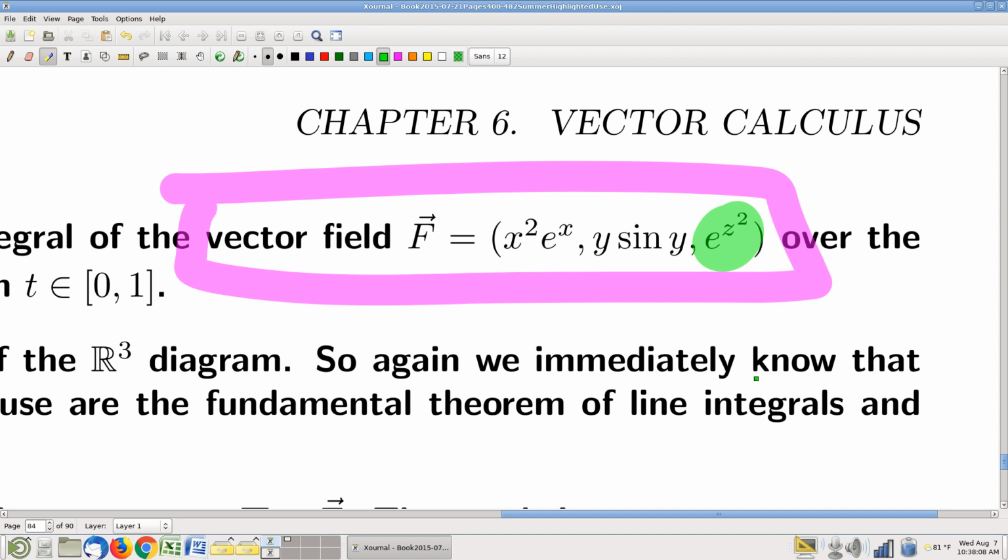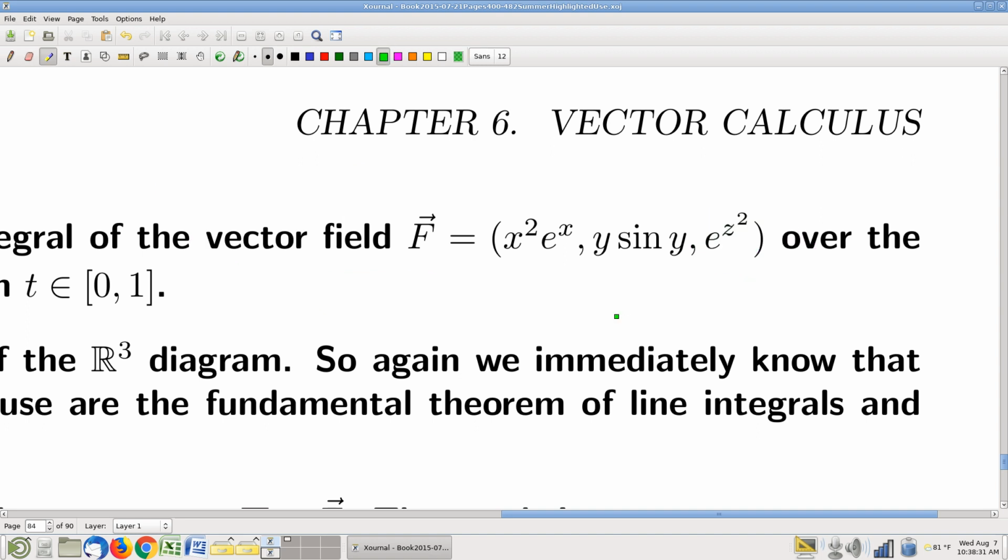Right? In fact, this can't be done in what we call closed form. You've got to invoke Taylor series and stuff to be able to find a z anti-partial of that function. So finding the anti-gradient here is really hard at best, and depending on your constraints, kind of impossible. So that's too bad.